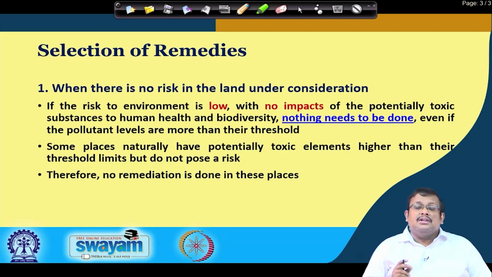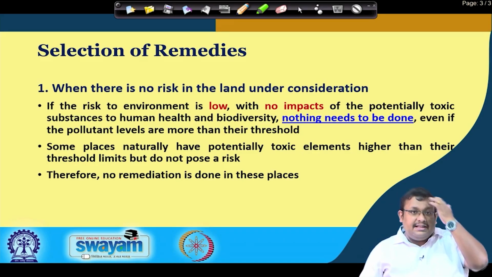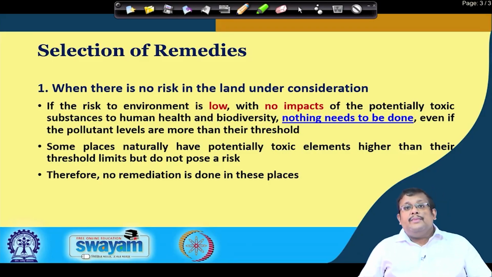So, this is very important. The potentially toxic pollutant levels should be high enough to cause damage to human health and biodiversity. Otherwise, we do not have to worry about their contents. So, we do not need to do anything. Some places naturally have potentially toxic elements higher than their threshold limit, but do not pose any particular risk to human health.